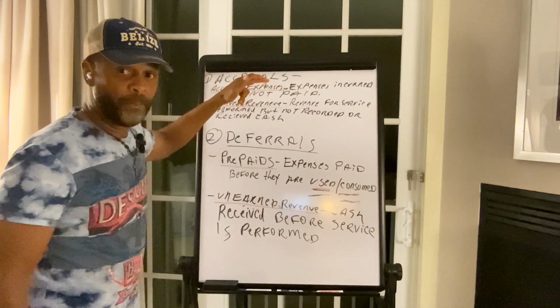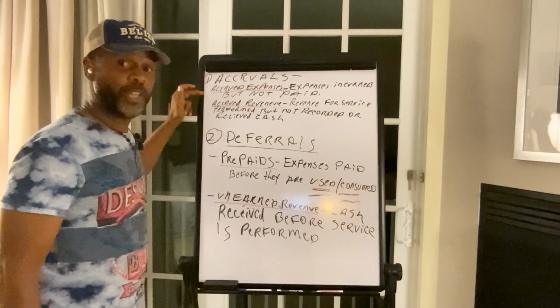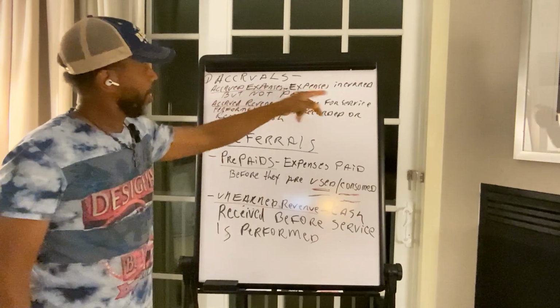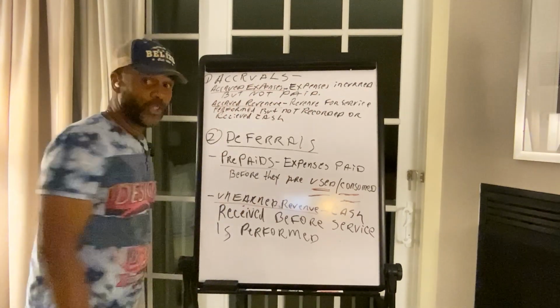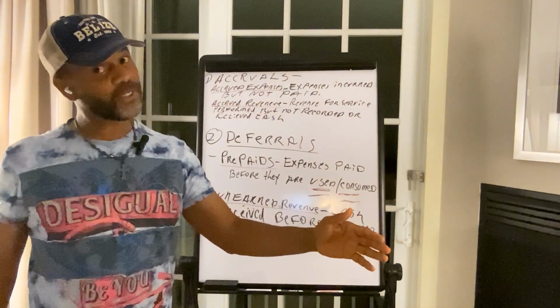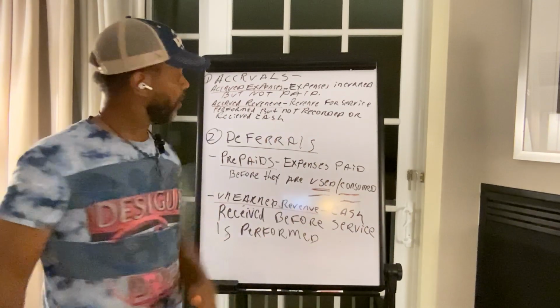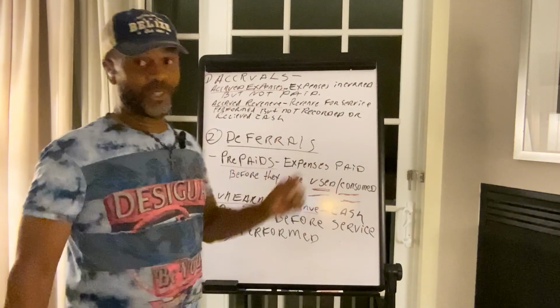So from an accrual basis, an adjusting entry can take shape when you've incurred an expense, but you have not paid for it. An accrued revenue adjusting entry is when you earn the revenue for services, an obligation that you performed on, but you did not record it or you did not receive the cash.